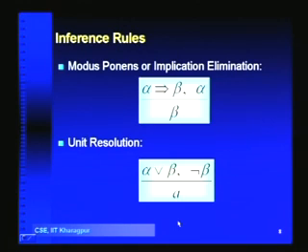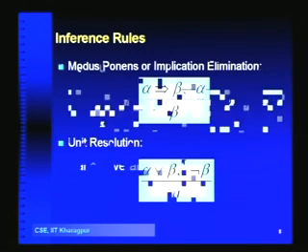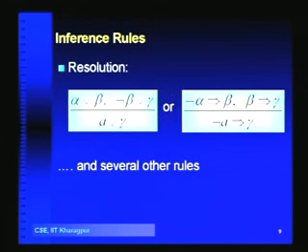These rules are really old. These rules have come from the time when initial logic and deduction was proposed at the time of Aristotle, right. So, as you can see, modus ponens does seem like a Latin word, or a Greek word. So, these are really old ones. When you have resolution, you have alpha or beta and not beta or gamma, then from that you can deduce alpha or gamma.